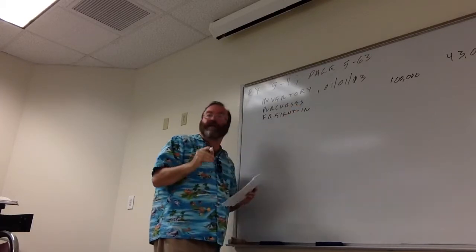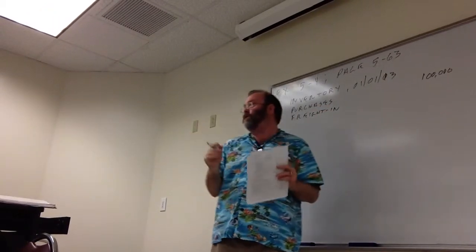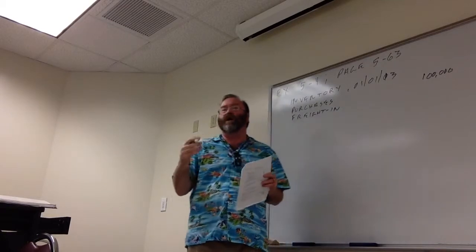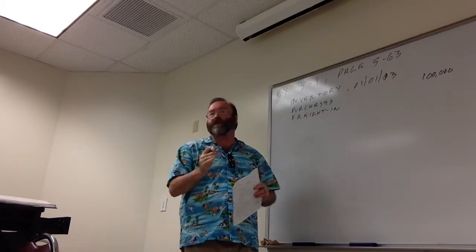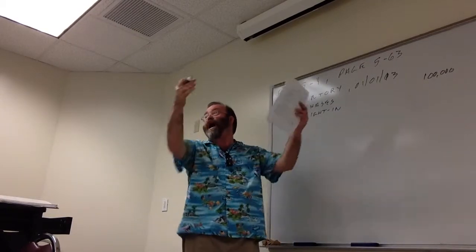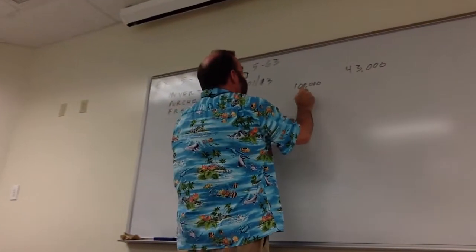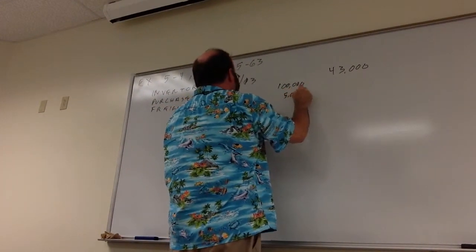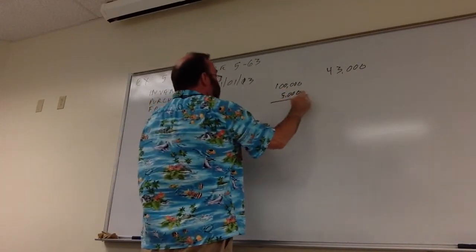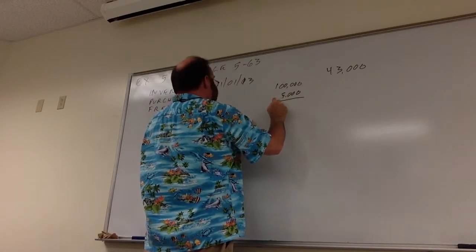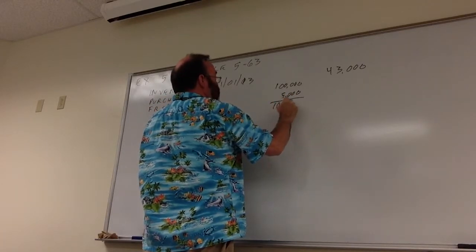So this is any inventory that you purchased under terms of FOB shipping point. So you're buying inventory, but you're paying the freight. So that is part of the cost of your inventory, $5,000. So your total cost of purchases is $105,000.